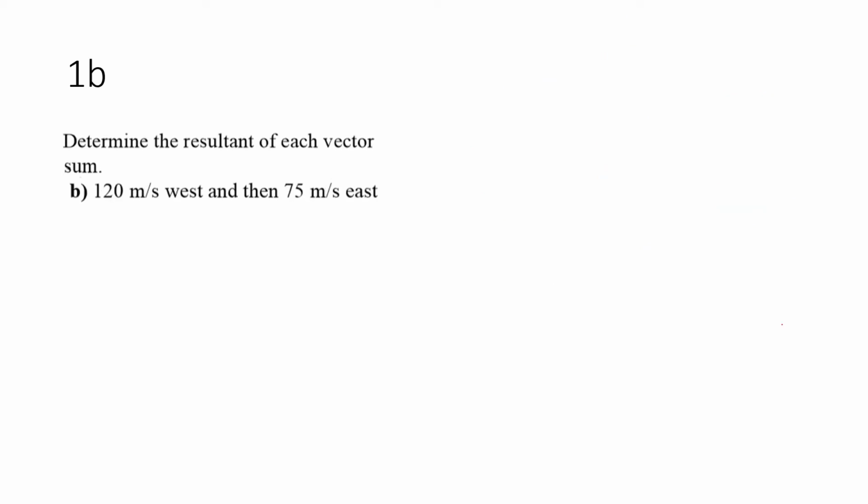B. All right, next up we have 120 meters per second west and then 75 meters per second east. West and east are opposite vectors, right? Here is 120 meters per second, and then here is 75 meters per second. So since the vector going west is bigger, our resultant is still going to be west.